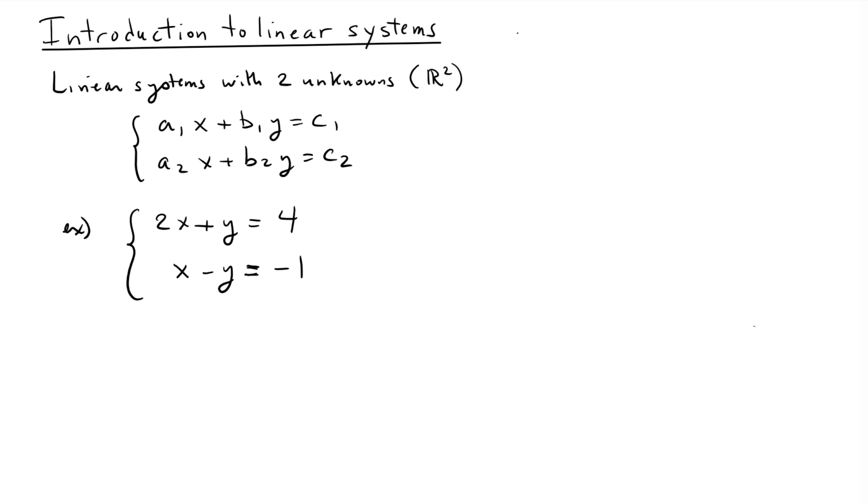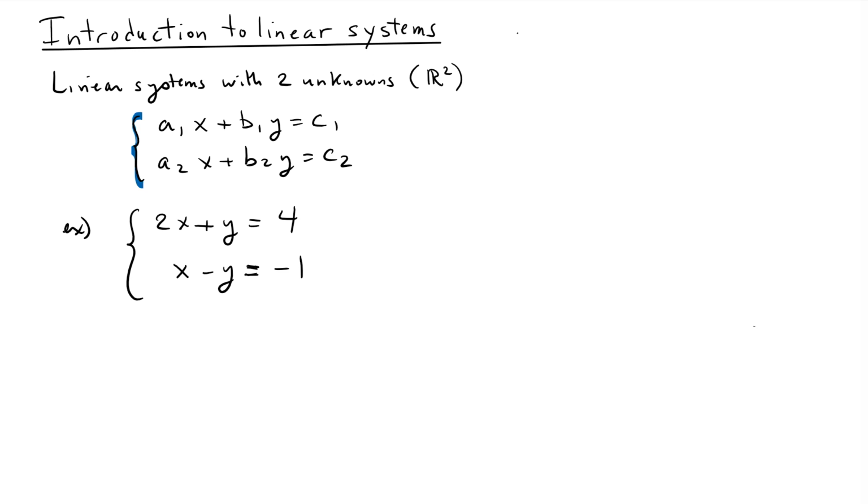For instance, I could have the general linear system here. a1x plus b1y equals c1. So here a, b, c stand for constants, and my variables are x and y, so we're currently in R2. And I've got another equation, a2x plus b2y equals c2.